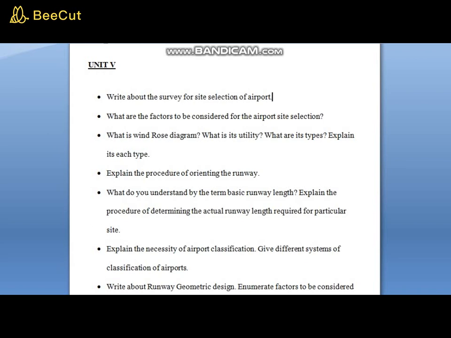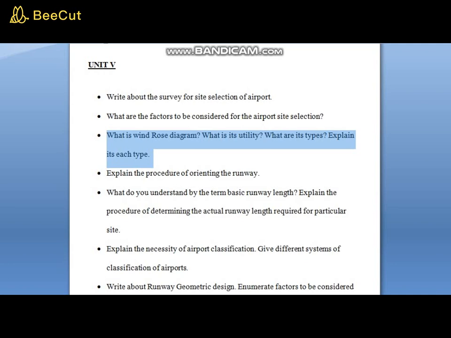The next question is, what is Windrose diagram, what is its utility, what are its types, explain each type. This is one of the most important questions from Unit 5. Sometimes this question is also asked in short mark questions, just as: what is Windrose diagram, or what are the uses of Windrose diagrams.